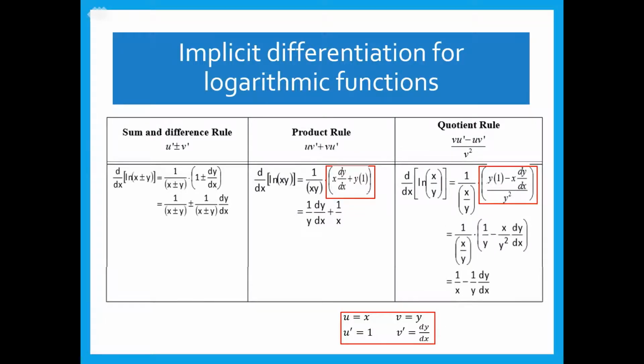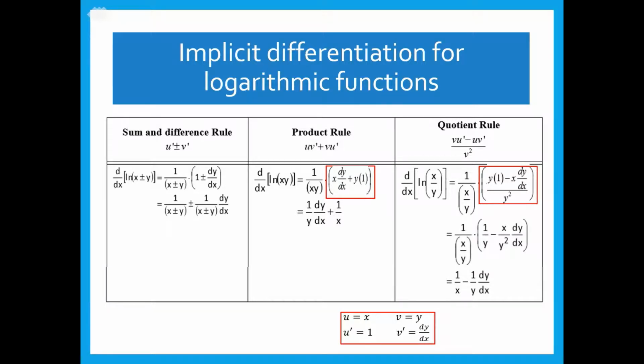These are the examples on how to do implicit differentiation for the logarithmic function. Differentiate ln x plus minus y using sum and difference rule. The answer is 1 over x plus minus y plus minus 1 over x plus minus y dy over dx.